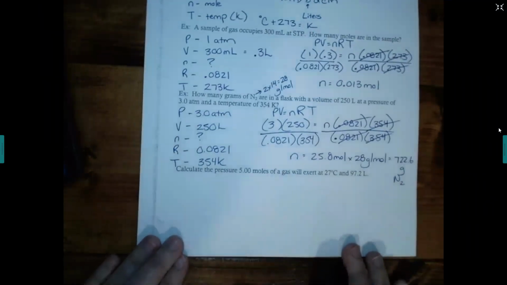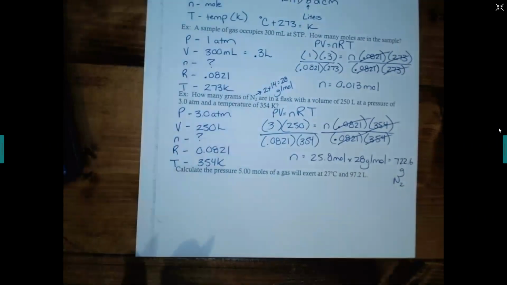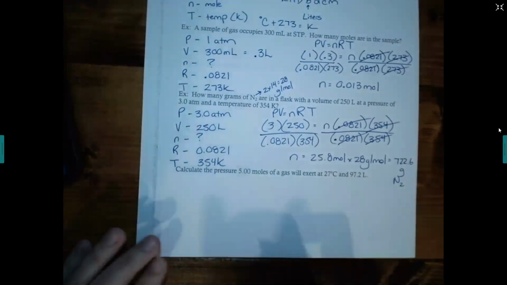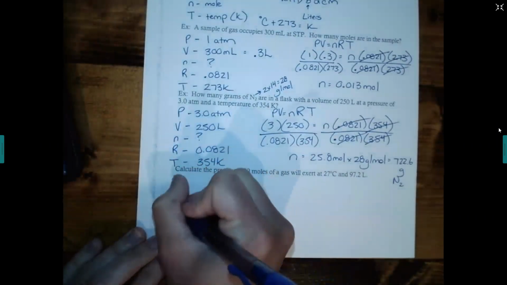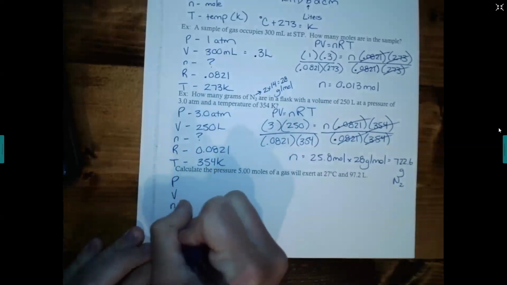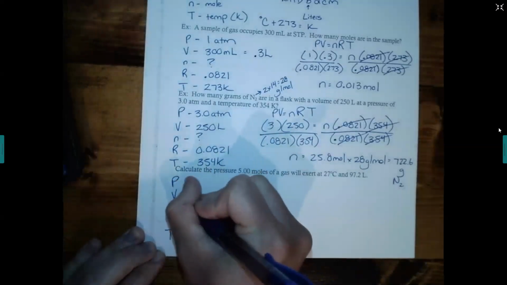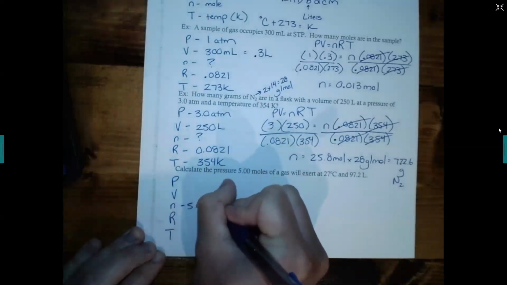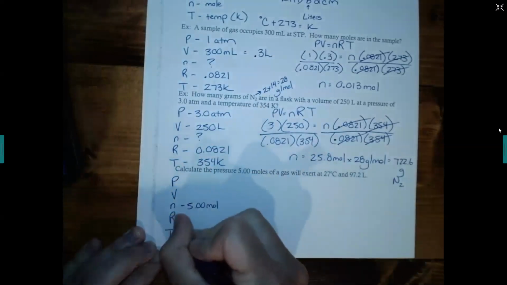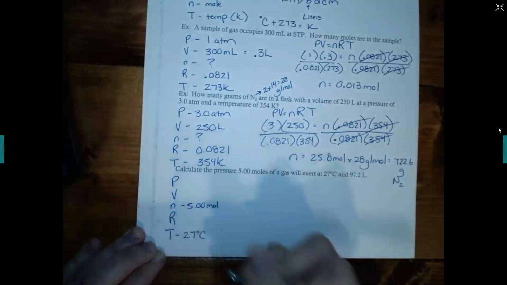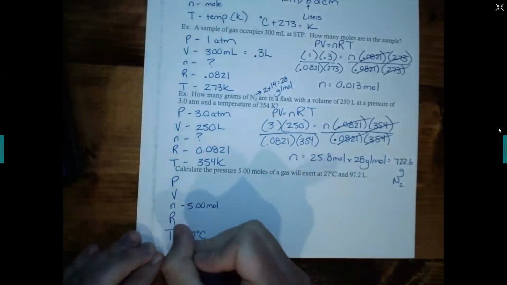All right, problem number 3. Calculate the pressure of 5 moles. I know all of these problems are ideal gas law, so I'm just going to start filling it in as I read through the problem. So 5 moles goes here. 27 degrees Celsius. We don't want that to be in Celsius. We want it to be in Kelvin.